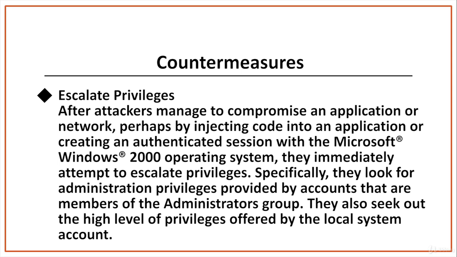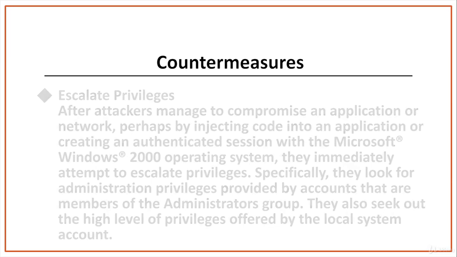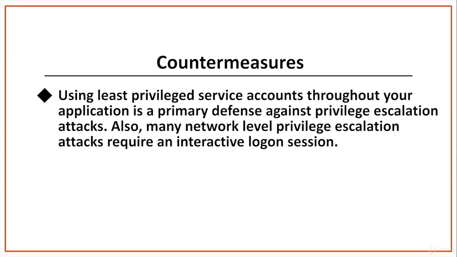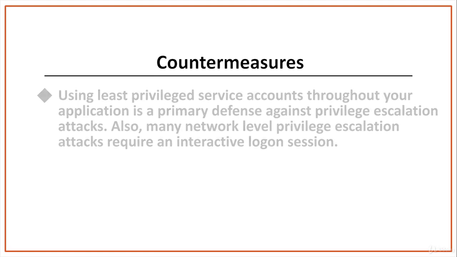They also seek out the high level of privileges offered by the local system account. Using least privileged service accounts throughout your application is a primary defense against privilege escalation attacks. Also, many network-level privilege escalation attacks require an interactive logon session.